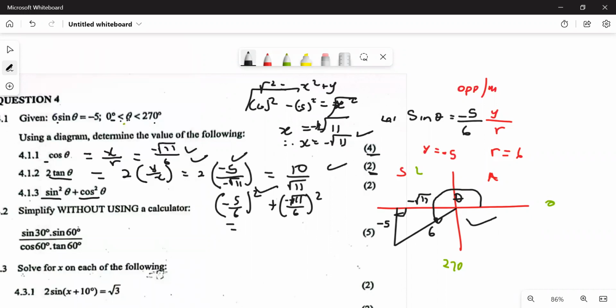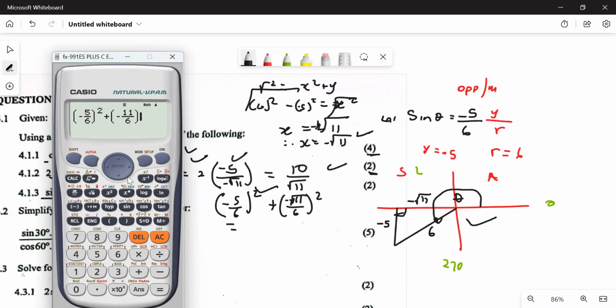It's minus root. Yes. So it means it's not 1 then. So according to this diagram, yes, you get what? 10 root 11 all over 11. 10 root 11 all over 11.